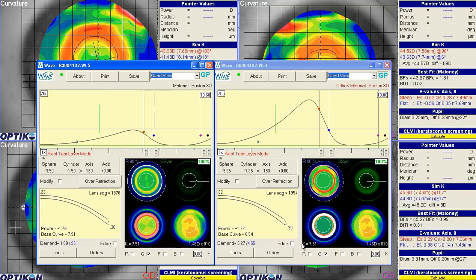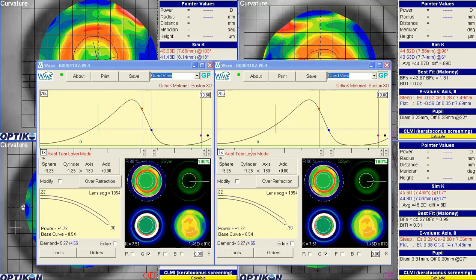Pretty similar prescription, similar Ks. We're at about 8.5 base curve, whereas in the right eye, Wave thinks we ought to be at about a 7.9. I don't know all the history behind this particular lens number 5 for the right eye, so I'm going to go with lens number 4 as far as demonstrating a toric zone.